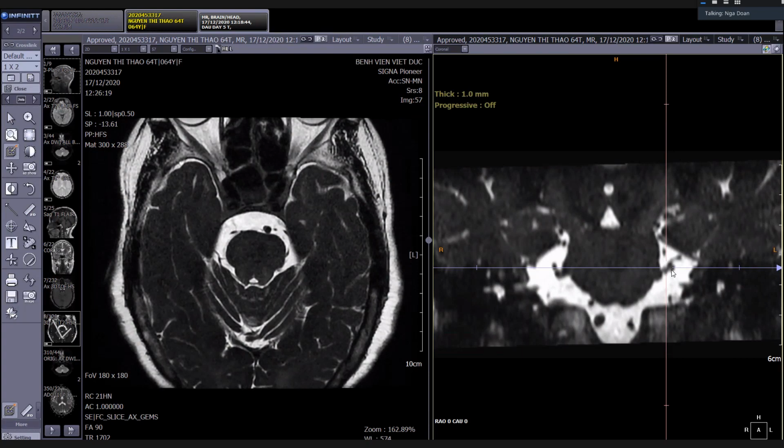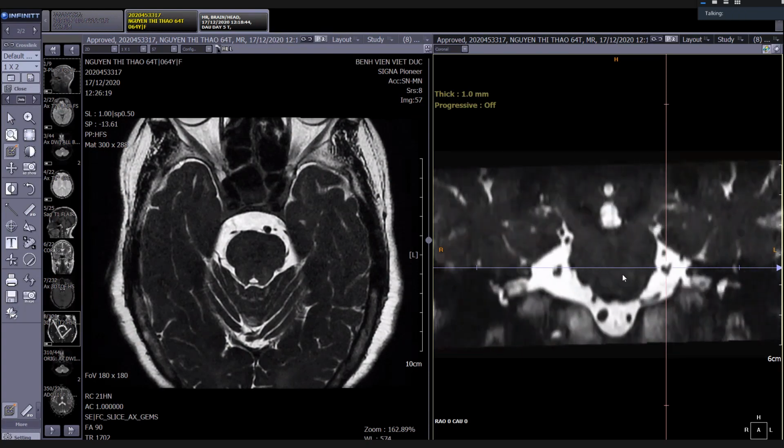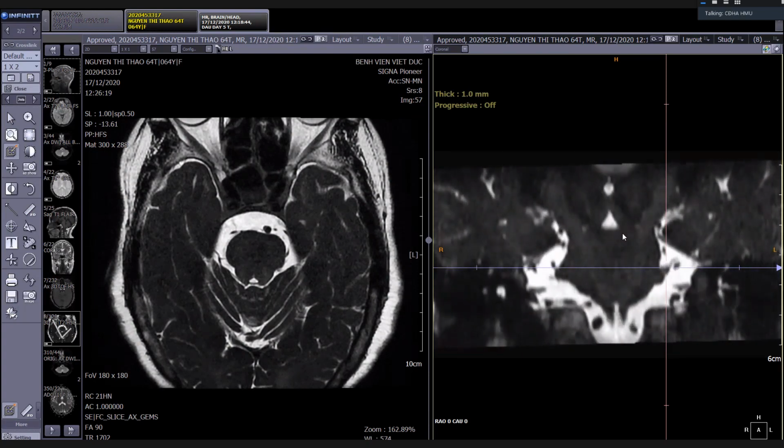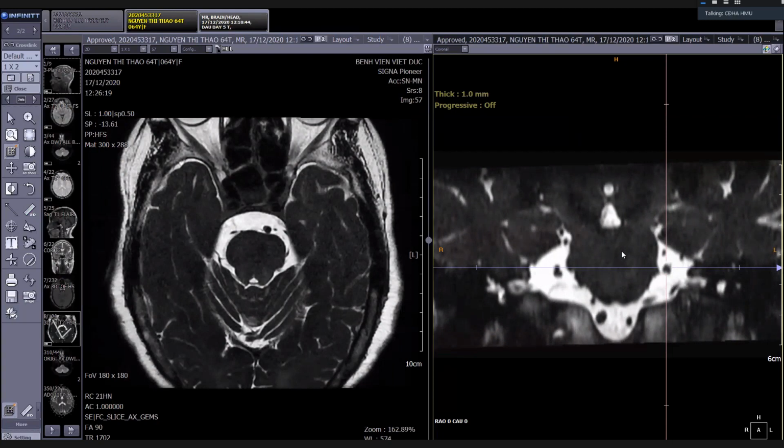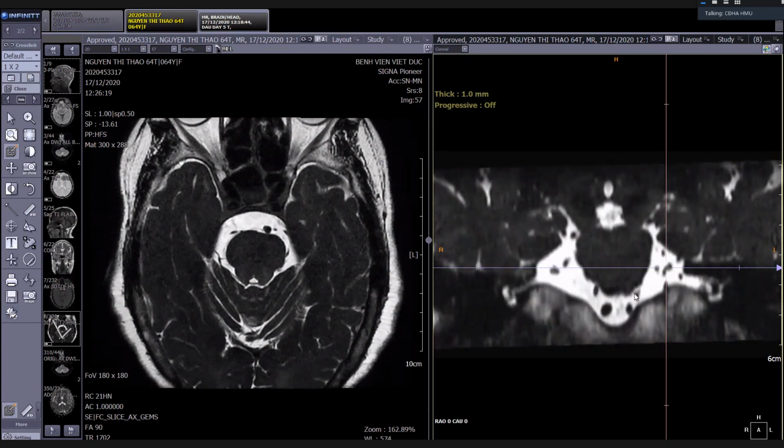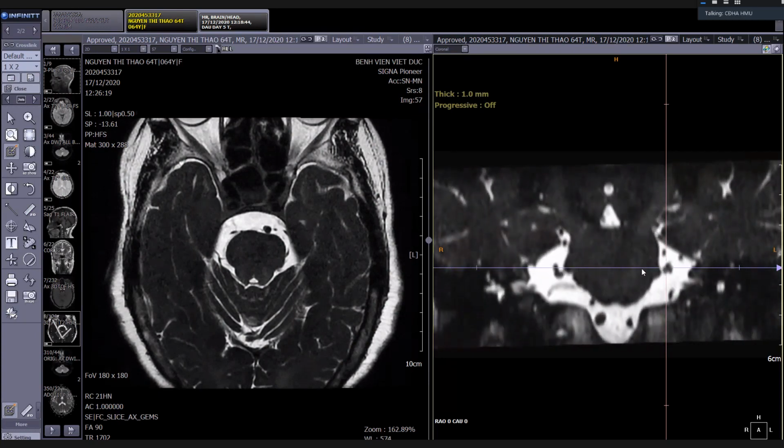So what kind of abnormality here? Is this bending, grooving, or stretching? Grooving. Can you use the arrow?